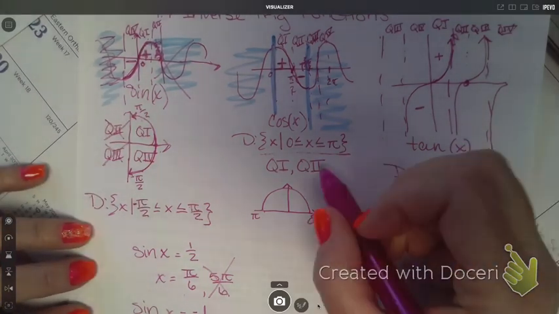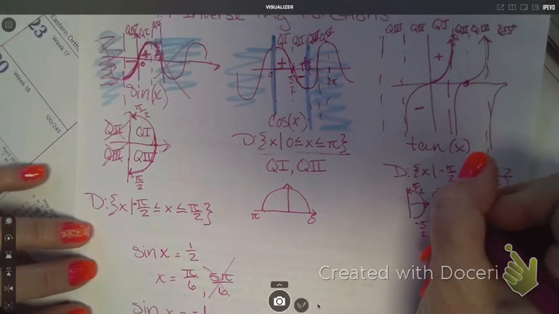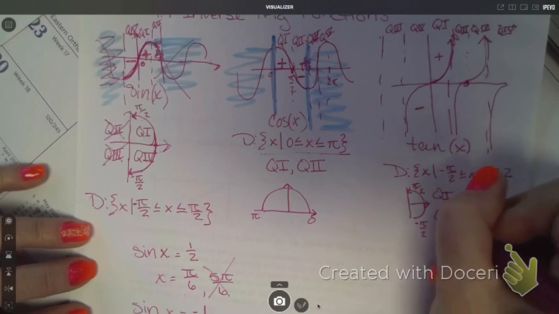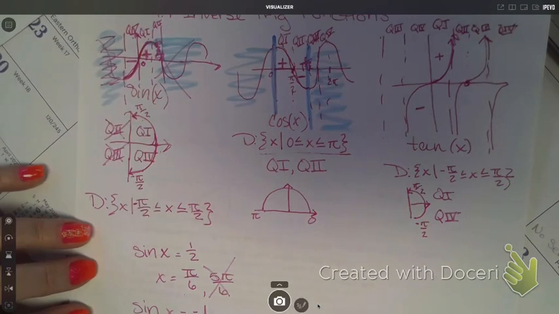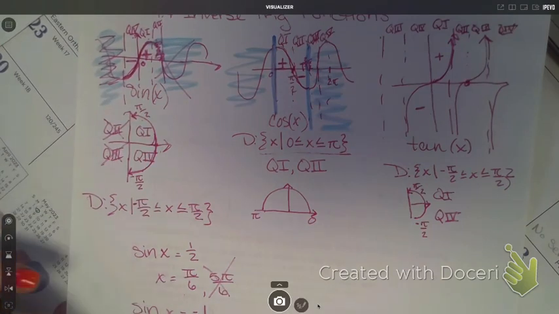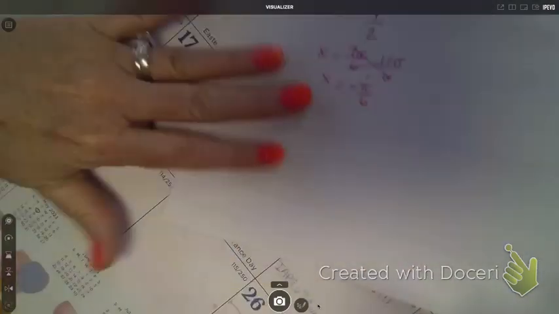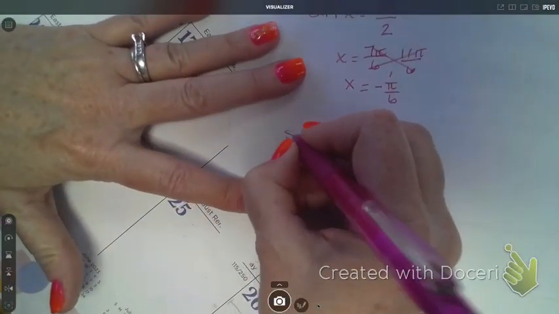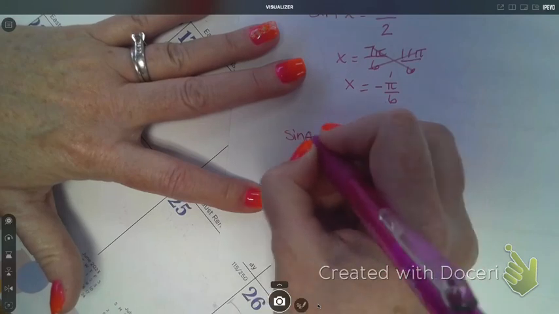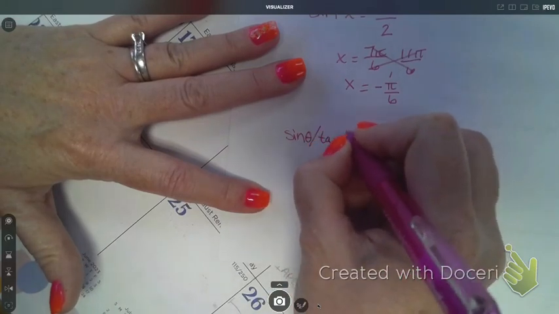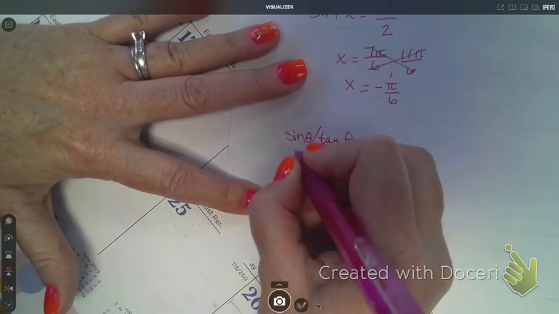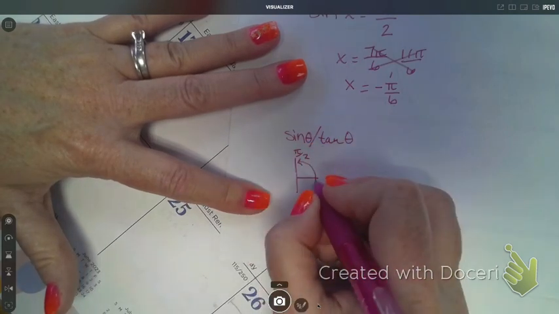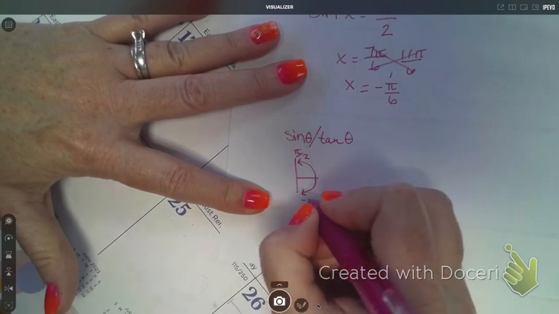What else do I need? So this is quadrant 1 and quadrant 4. When you start, this is what I do to remember. If I get this on my test, I would say sine, tangent, and I would do pi over 2 to negative pi over 2.